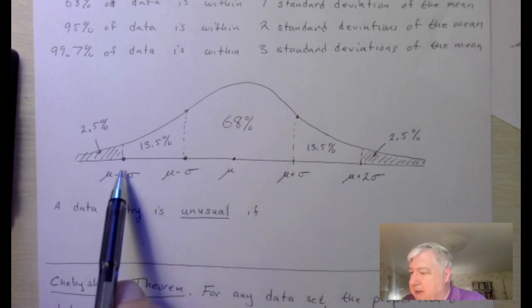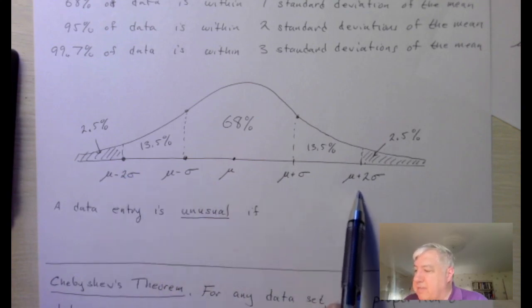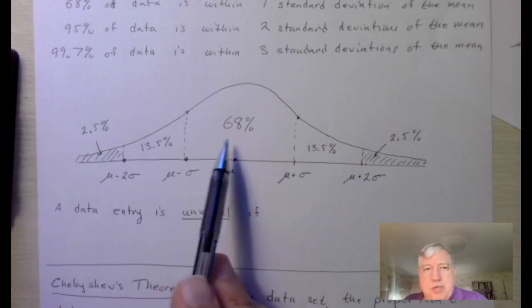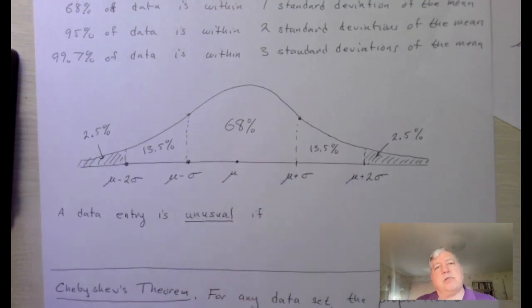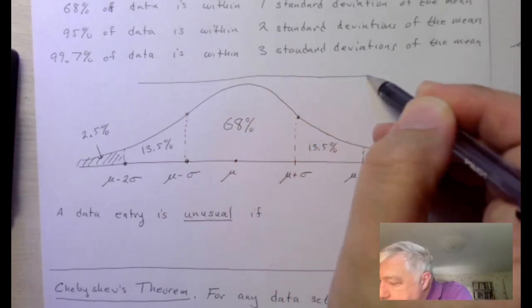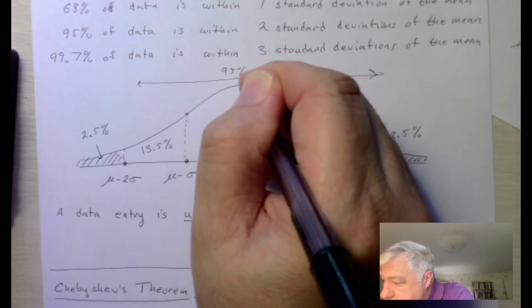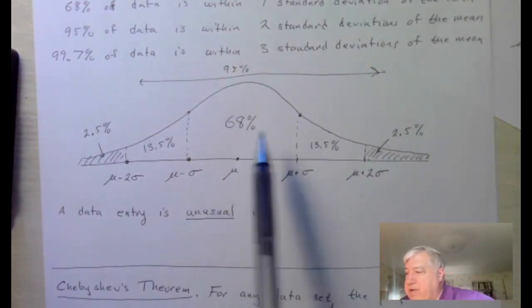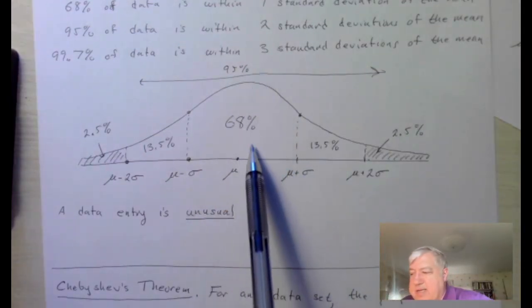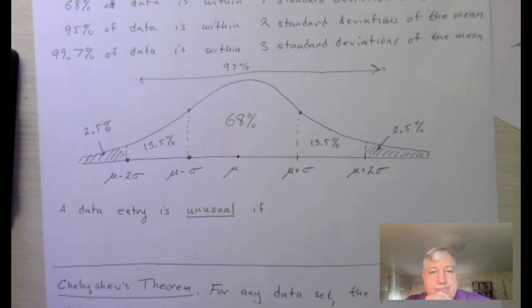And then here we have mu minus 2 sigma and mu plus 2 sigma. So from here to here, we're talking about 95%. When you take 95 minus 68 and divide by 2, that's how you get the 13.5 and the 13.5 here.